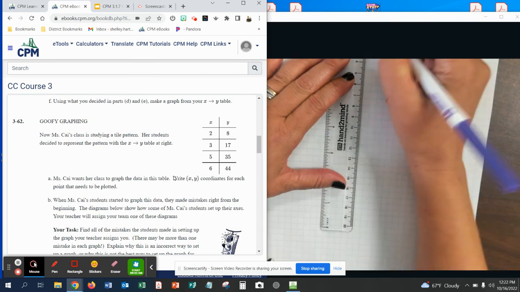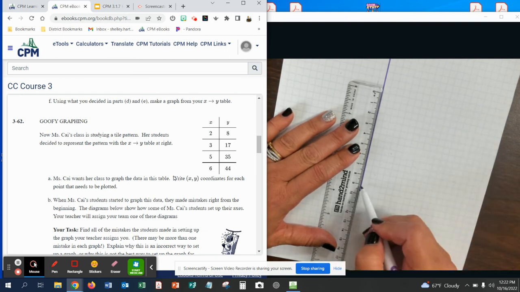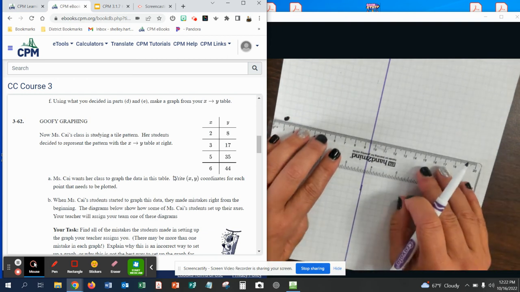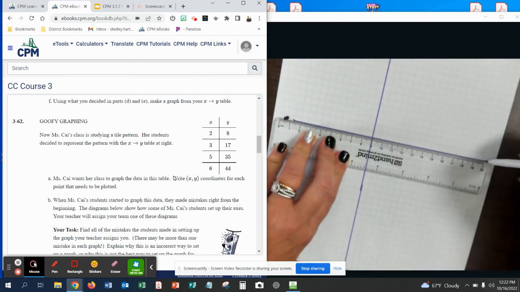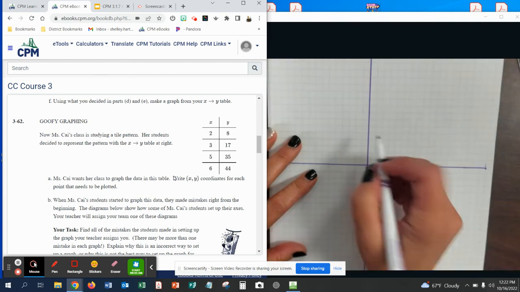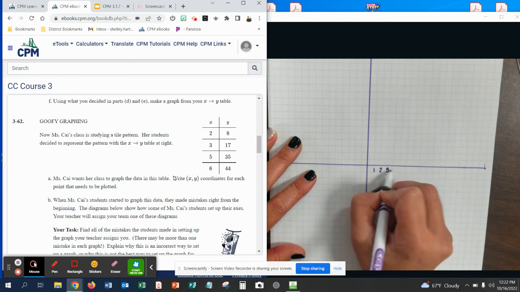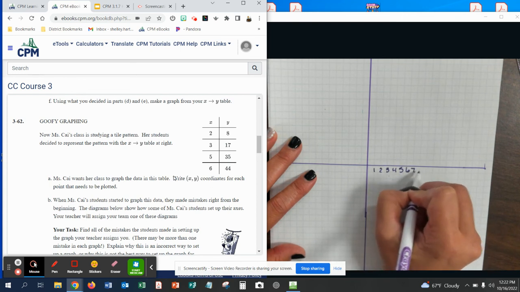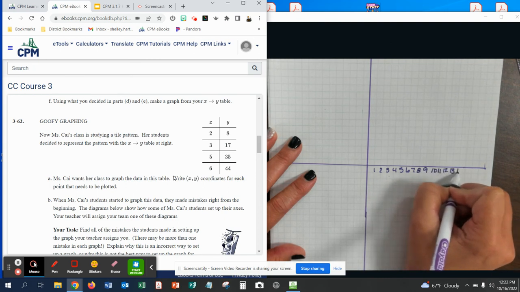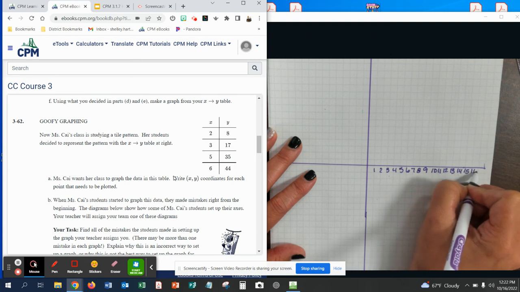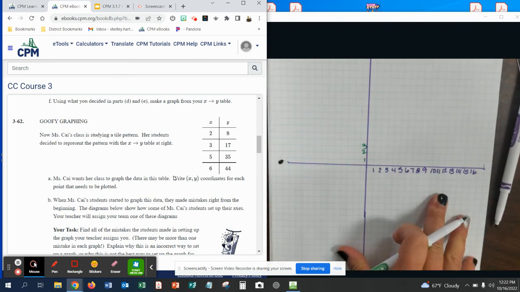We label this 1, 2, 3, 4, and this 1 through 16, and so on.